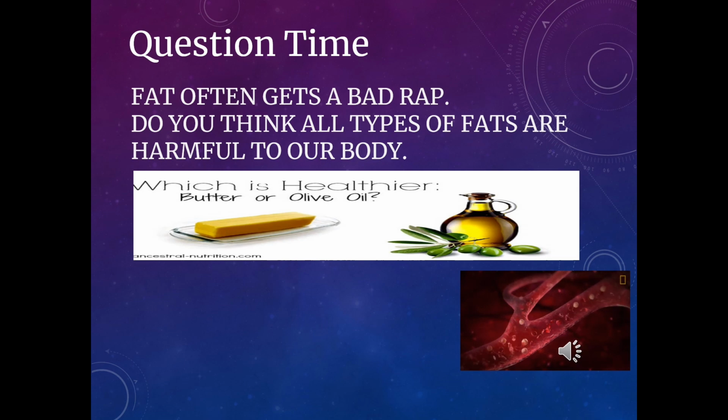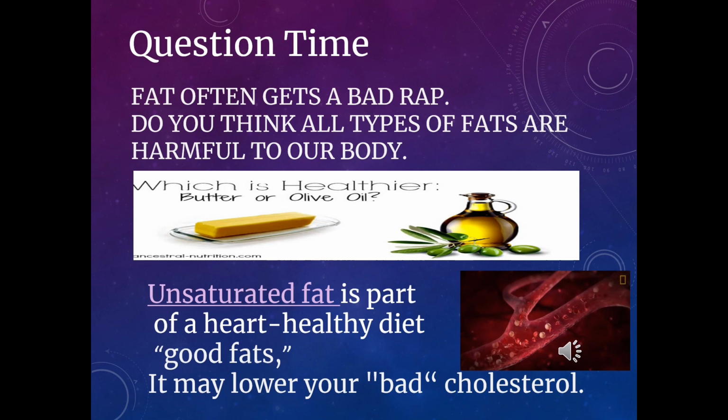Surprisingly, the unsaturated fats are part of your heart healthy diet that actually lowers the bad cholesterol that we talked about before. This is your arteries. As long as you eat healthy, only unsaturated fats in limited amounts, and you stay away from saturated and trans fats.